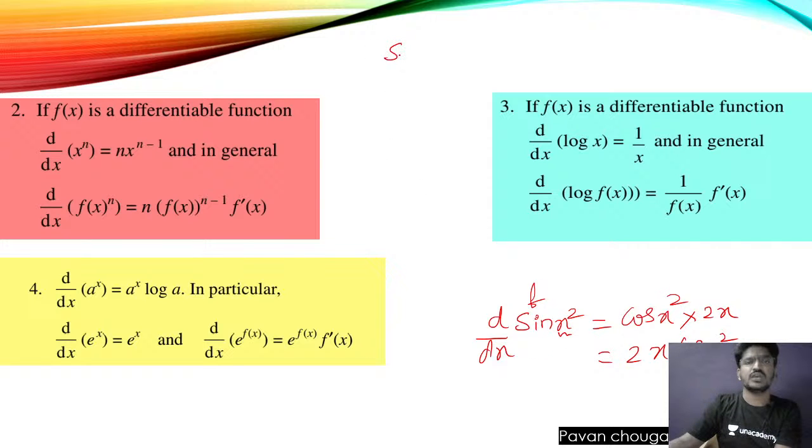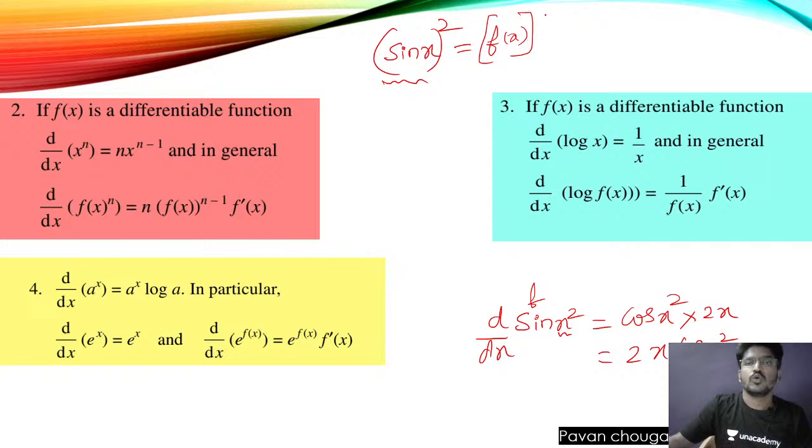Now let us see what will happen with sin x whole square. See this, what will happen for sin x whole square? This is nothing but f of x whole square. It is in the form of f of x whole square.